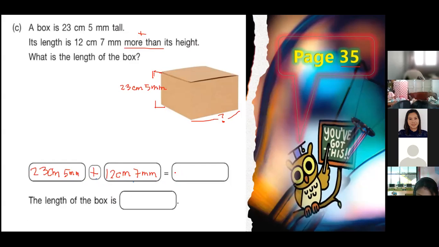What is it? 30? 30 what? 36 centimeter and 2 millimeter. So the length of the box is 36 centimeter and 2 millimeter.